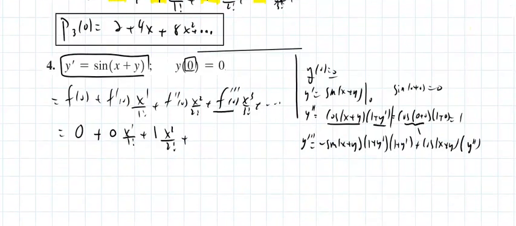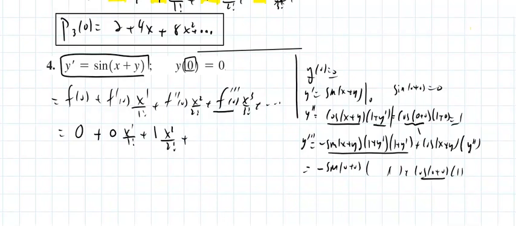And if I evaluate that, that is negative the sine, and those are 0 plus 0, so this whole thing is 0, plus cosine of 0 plus 0, y double prime, we got it to be 1, so that is 1, that's also a 1.